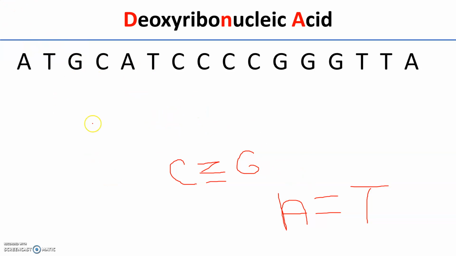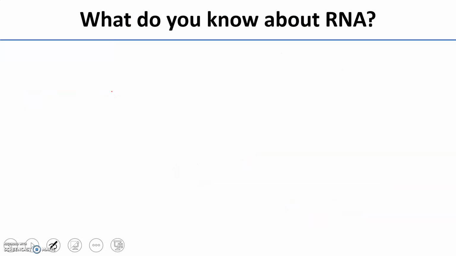Anywhere you see an A, it's going to bind to a T. Anywhere you see a T, it has to bind to an A. G binds to C and C binds to G. And then you can finish the rest of this, right? C always binds to G, G to C, A to T, and T to A in DNA. Take a second and fill that in, and once you're finished, come back.